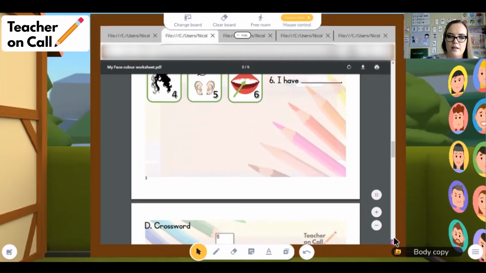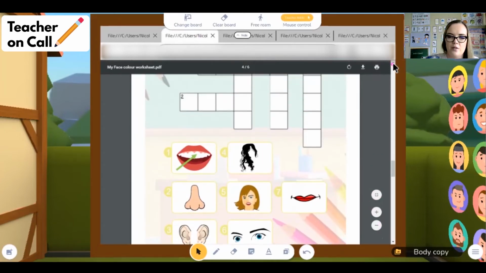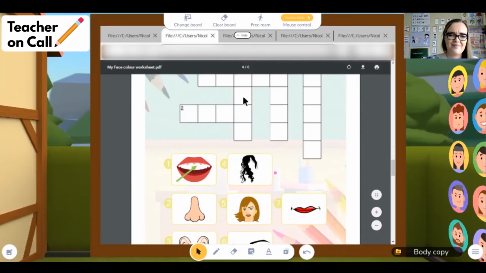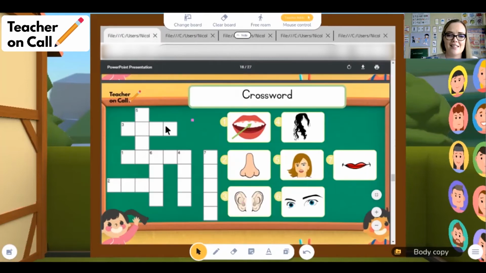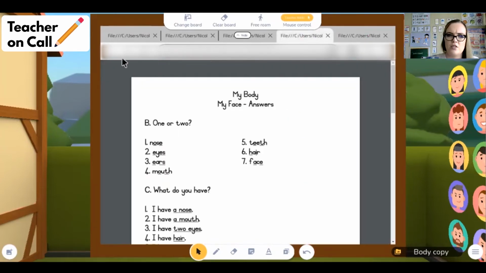And you will find the crossword on your worksheets. Go ahead and fill in those answers. What do you have? Remember, when you've finished answering all of the work, then you can go and have a look at the answer sheets.